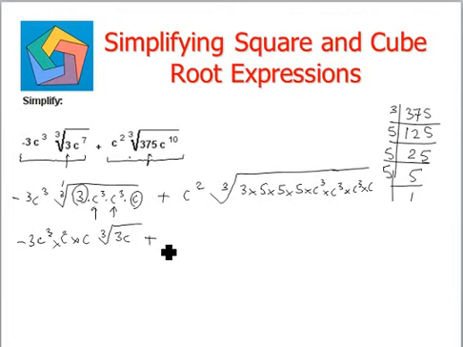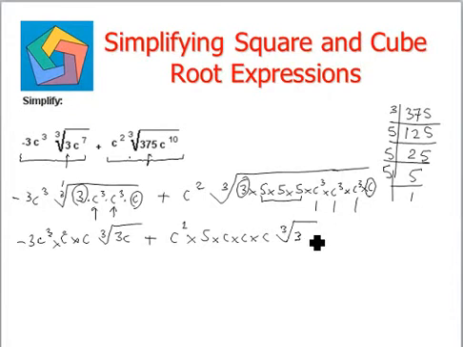plus c squared. So these three 5s will come out as a single 5. The three c cubes will come out as c times c times c, while inside we're left with 3 and a c, cube root of 3c. We'll multiply the terms outside the radical. This is negative 3c³ times c² is c to the power of 5.